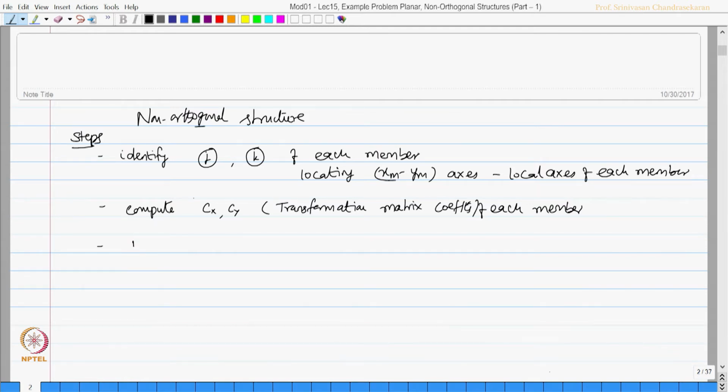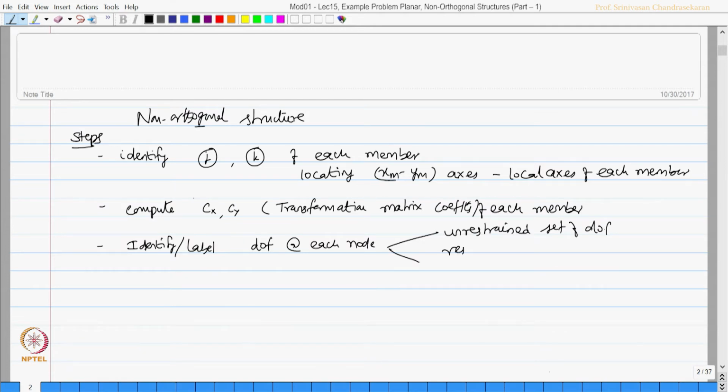Also identify or label the degrees of freedom at each node. First, the unrestrained set of degrees of freedom, then the restrained set of degrees of freedom.